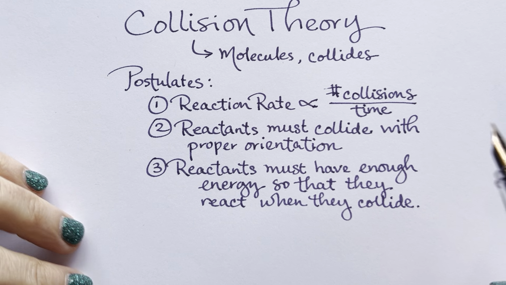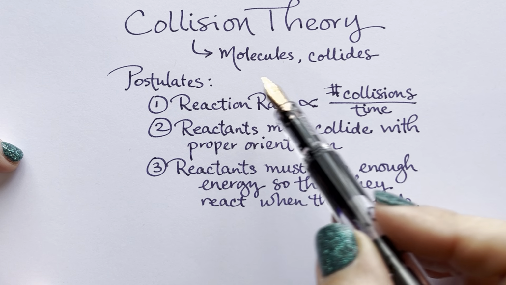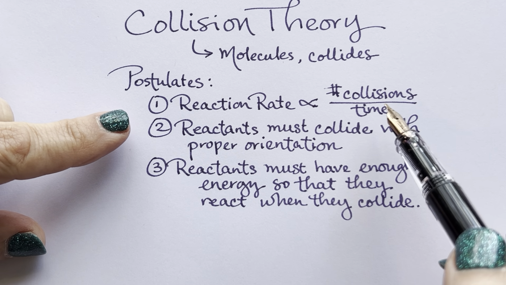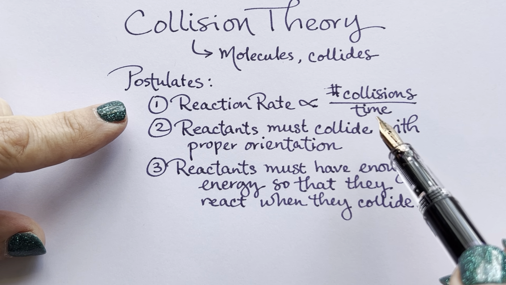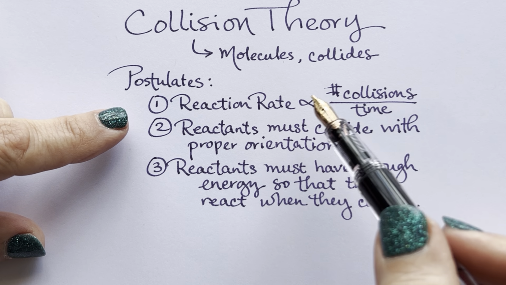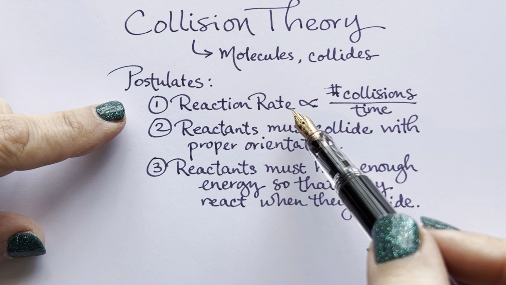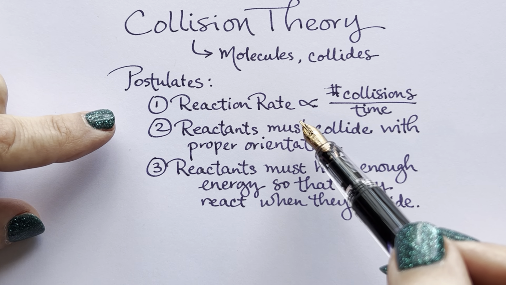Okay. So from these postulates, we can definitely see that there are two things that we can control pretty easily and very commonly to increase the reaction rate or influence it. You could even decrease it if you wanted.